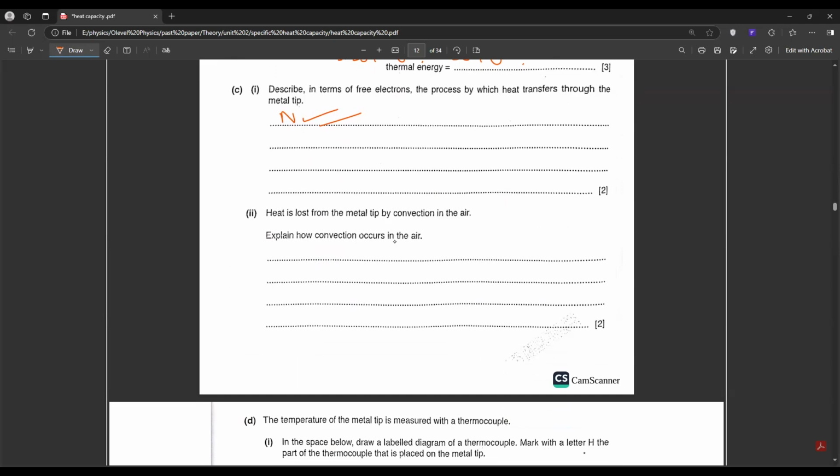Okay, very good. The air surrounding the metal tip, the metal tip gets hot and expands.